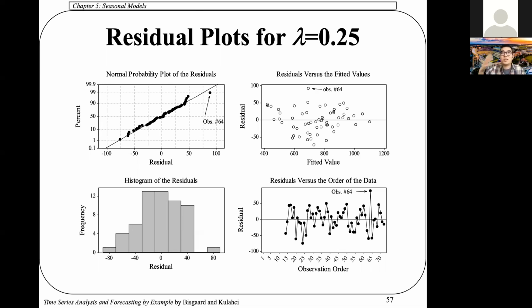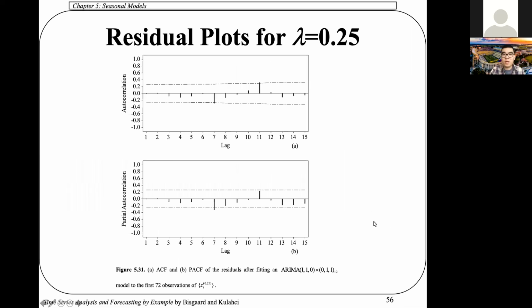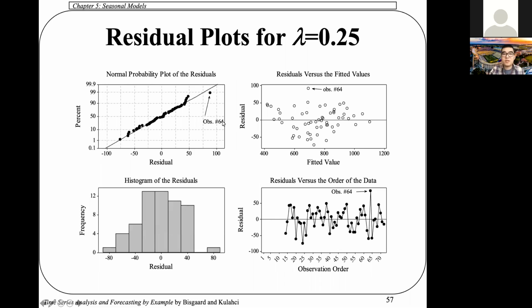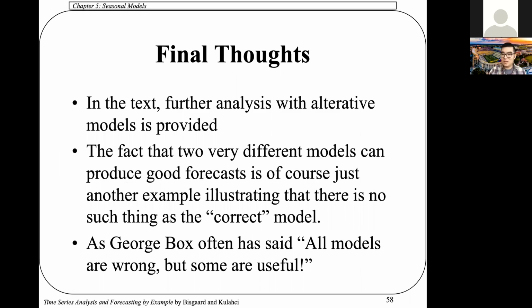You can do this iteratively until you find everything is good. For example, maybe if you throw away observation 64, perhaps the p-value of lag number 48 becomes statistically insignificant. But these are some final thoughts.